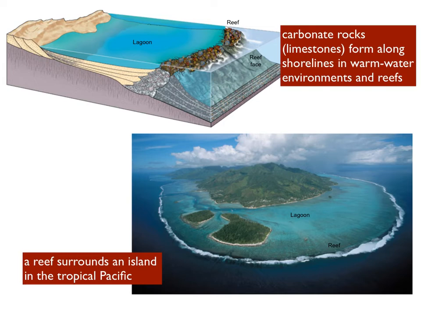So in the Caribbean and in the equatorial Pacific, where you have these islands, you might also be forming reef systems where carbonate rocks can develop in the warm water. And the calcite and aragonite can precipitate directly out of the seawater or can be secreted by the rich marine life that exists in the reef systems.